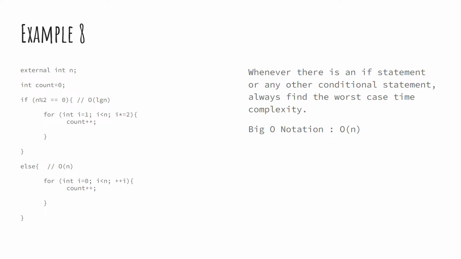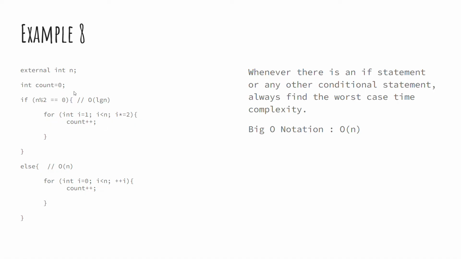And yeah, so here's example 8. In example 8 we have an if-else statement which takes us to two different loops. The first loop is a loop which runs in log n time, just like we saw in previous examples, and this loop right here runs in linear time.